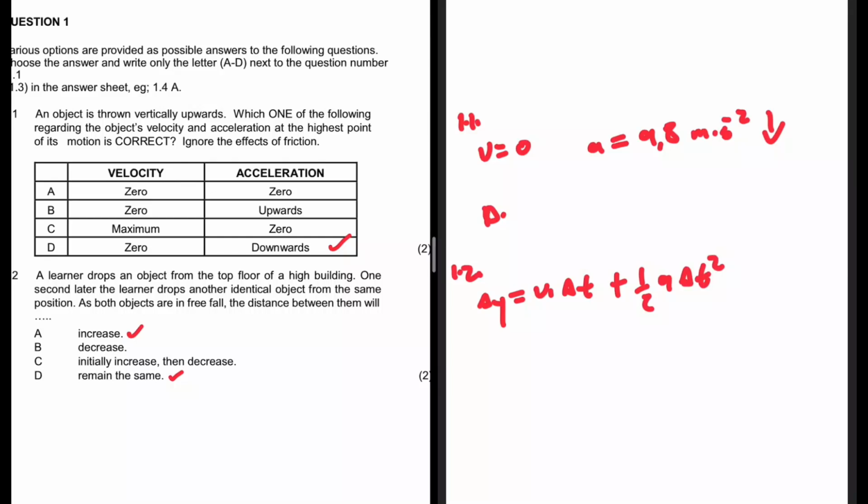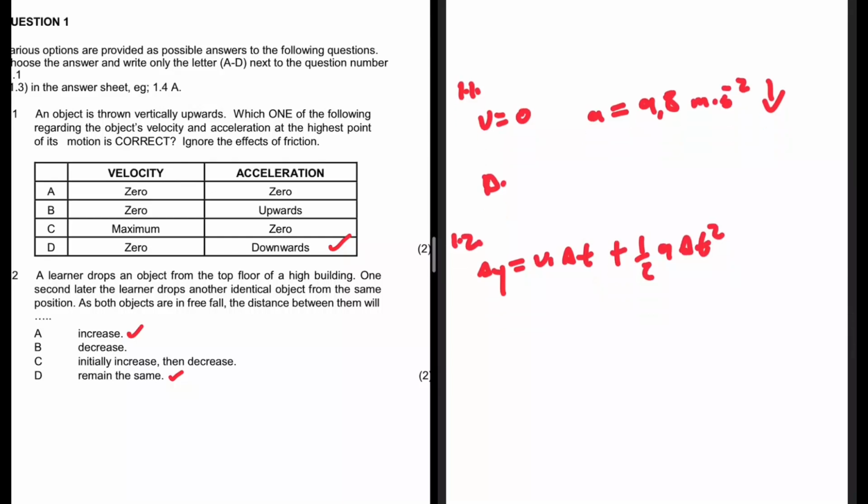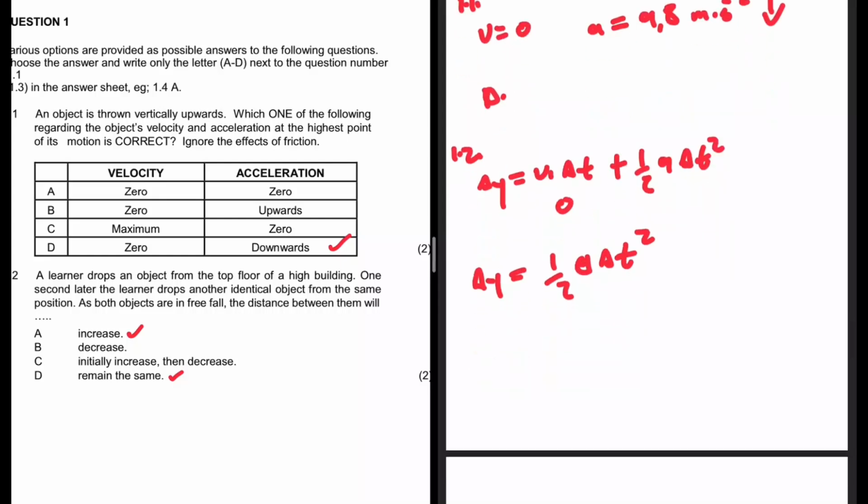These two objects have been dropped, right? So vi is 0. So vi multiplied by delta t is just going to give us 0. So we end up with delta y is equal to a half acceleration delta t squared, right? So we can clearly see that delta y is directly proportional to delta t squared, right?